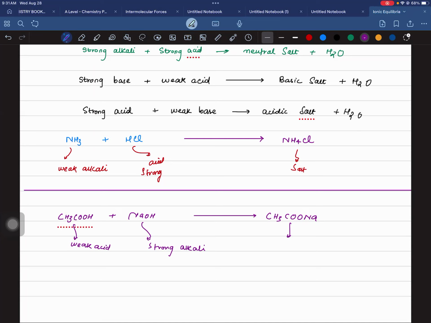So that's why I'm saying that for those salts which are acidic salts, their neutralization point would be in the range of acid. And those salts which are basic salts, their neutralization point would be in the range of basic pH, greater than 7.